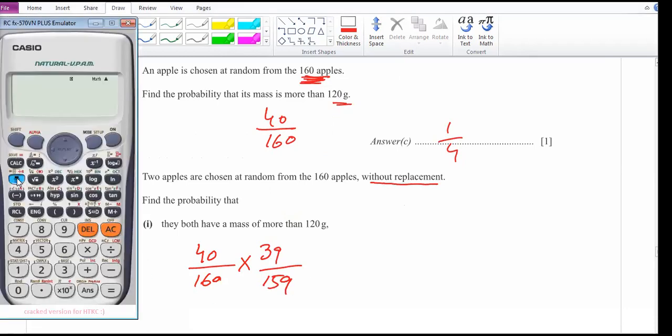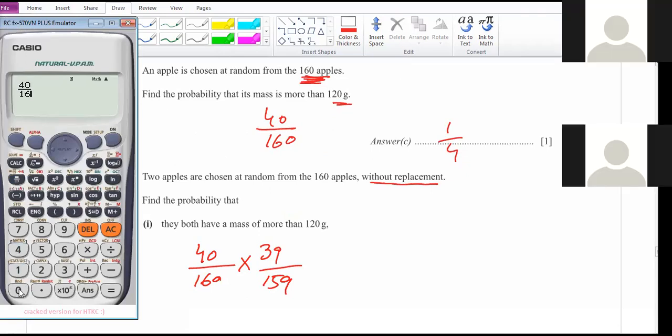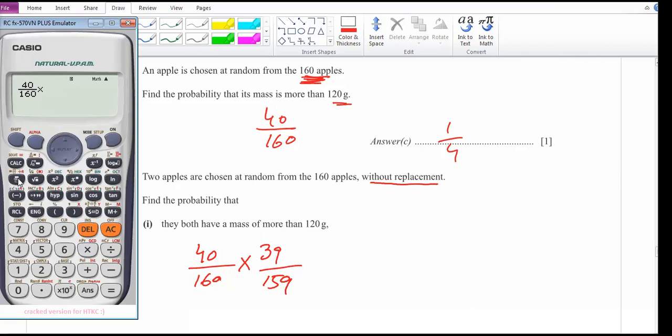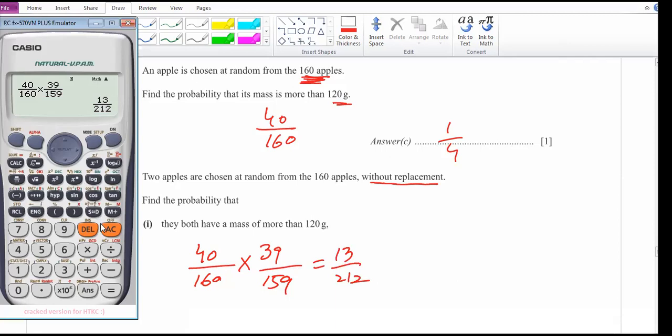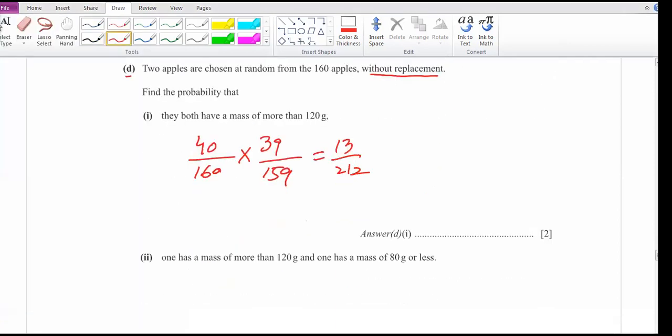So calculate this: 40 over 160 multiplied by 39 divided by 159. So that is 13 over 212, in the lowest form. Otherwise, you can write the answer in this way also. Without the lowest form, that will not be a problem.